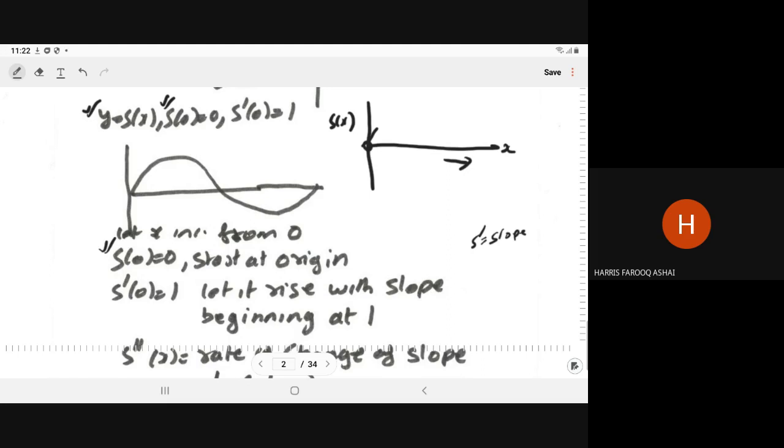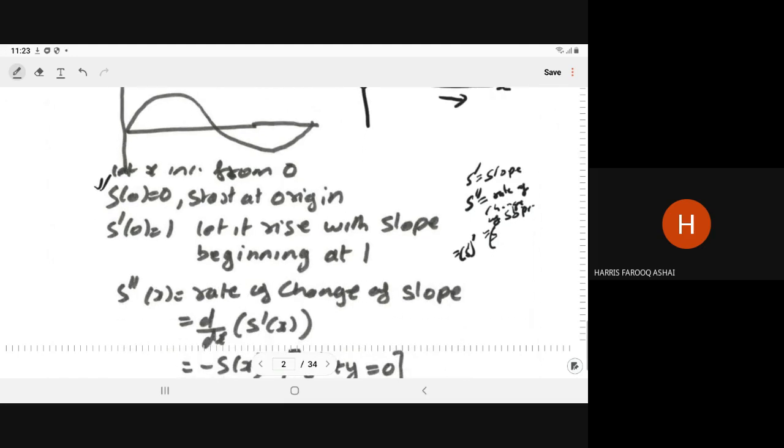Now, what will the s double dash represent? It is the rate of change of slope. It is the rate of change of the slope because s double dash is dy dx of the s dash x.